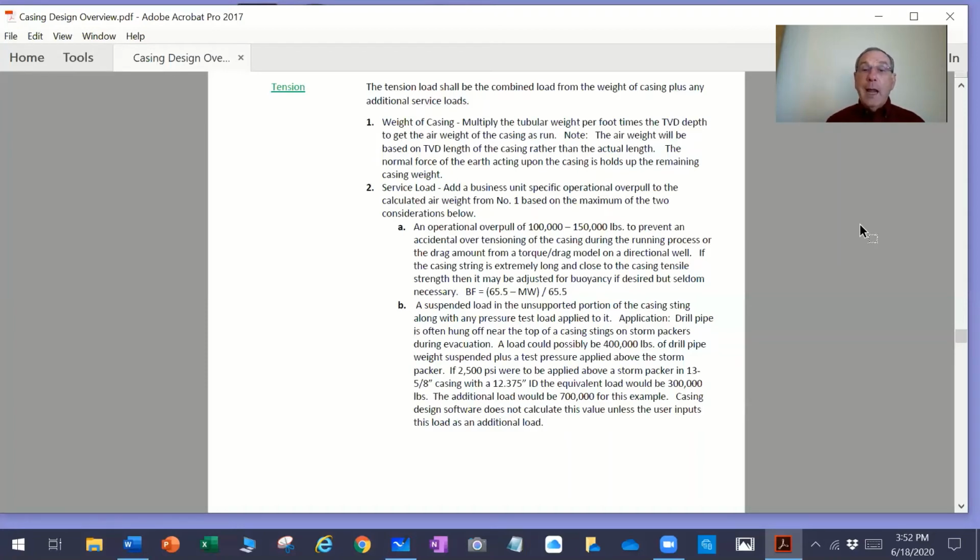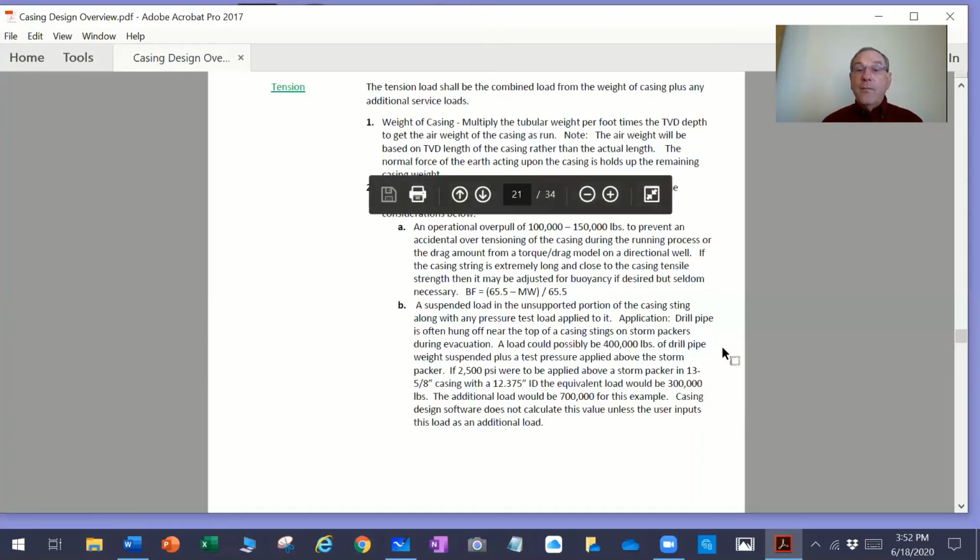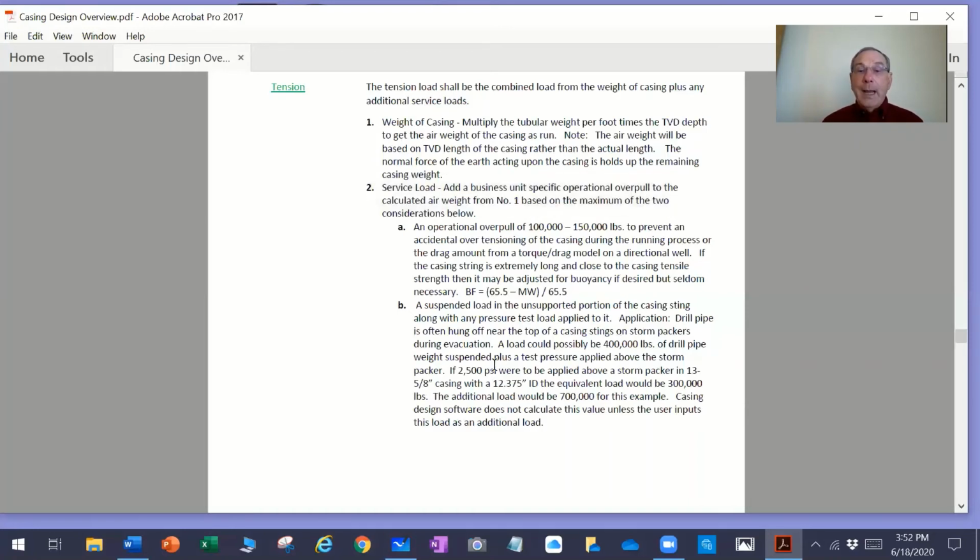Okay, so this example, if I were to hang off 400,000 pounds of drill pipe weight suspended in the casing, and then I pressured up on top of the 13 5/8 packer to 2,500 PSI, that would be an additional load of 300,000 pounds. The combined additional load that I would put on top of this would be 700,000 pounds from the drill pipe weight plus pressure load.